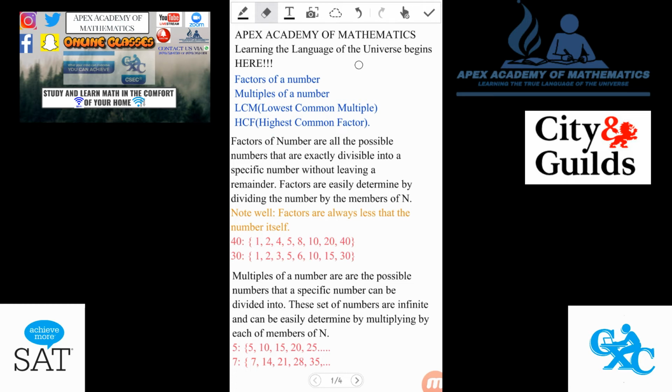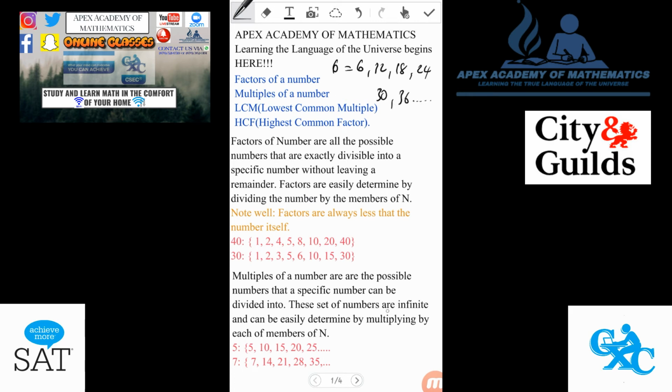So if I want to find the multiples of 6, we know that of course 6 times 1 is 6, 6 times 2 is 12, 6 times 3 is 18, 6 times 4 is 24, 6 times 5 is 30, 6 times 6 is 36, and it goes on like that.